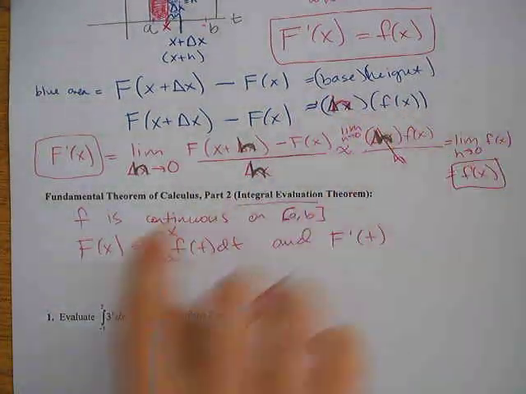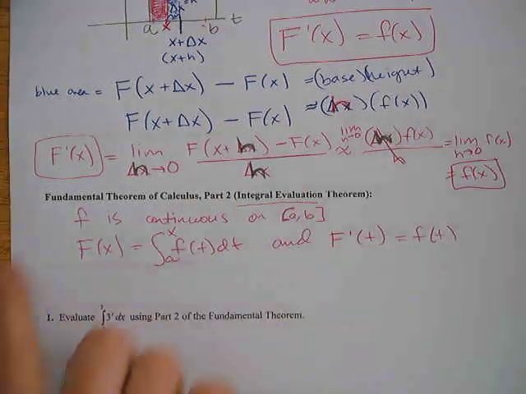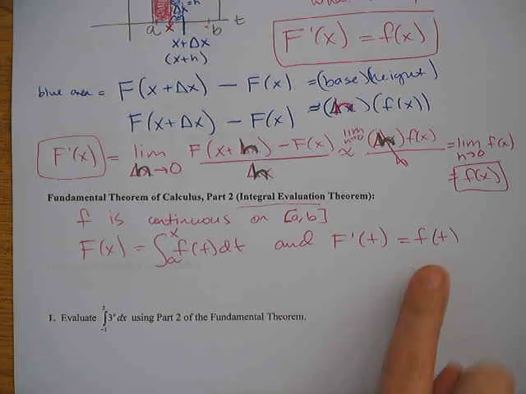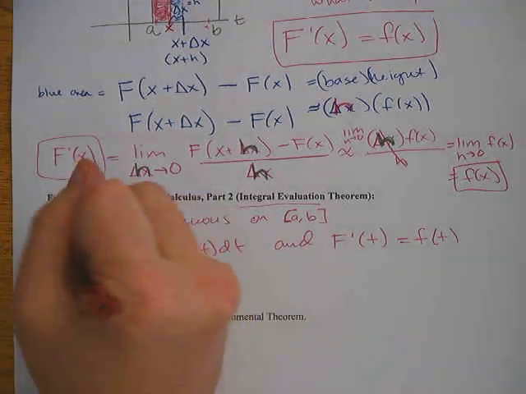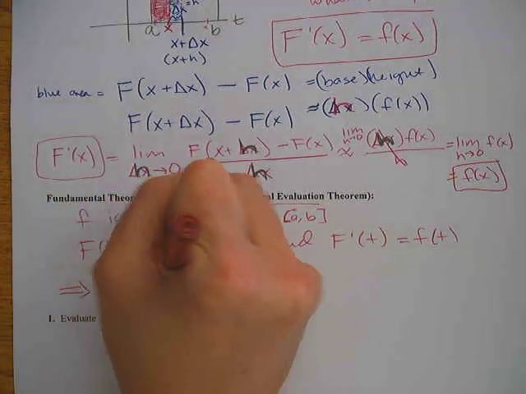And we have already noticed that we have this function F of x that's equal to the area from a to x under f. So we've got that, and we proved in part 1 that the derivative of this function is equal to that function.